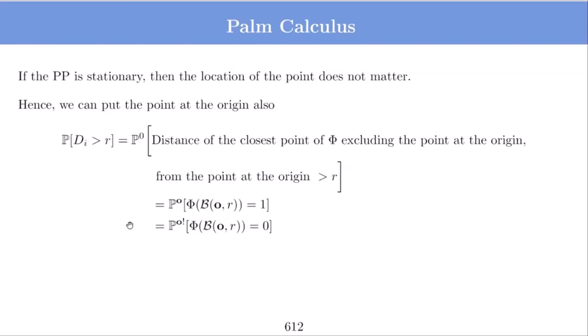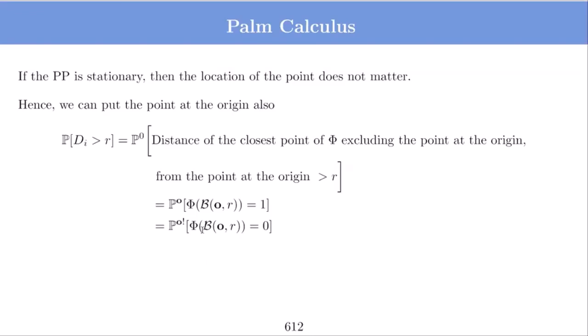Or you can also write this in terms of the reduced Palm measure, where we say the probability that, conditioned on a point at the origin, there is no point in this ball other than the point itself. Remember this exclamation mark notation is the reduced Palm measure, which means whatever you say about phi, you condition on a point at the origin, but you do not include the point in the statement or in the calculation.